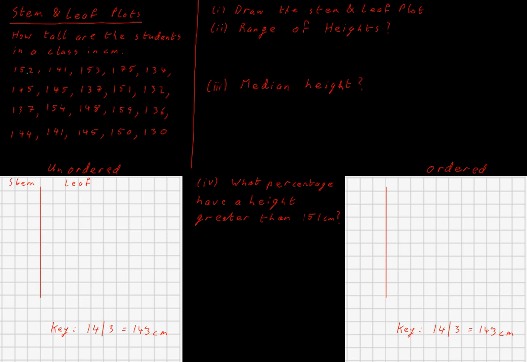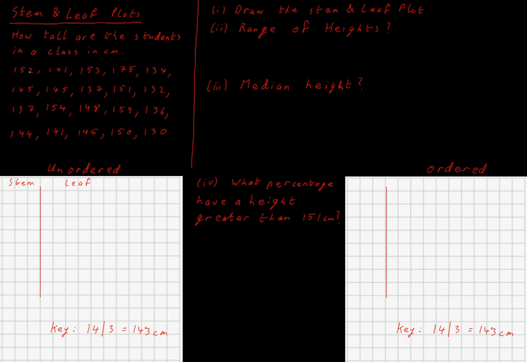And then we're going to put the individual units, these bits, out as leaves. And that is how we are going to use our stem and leaf graph, but we are going to look at that in detail now.